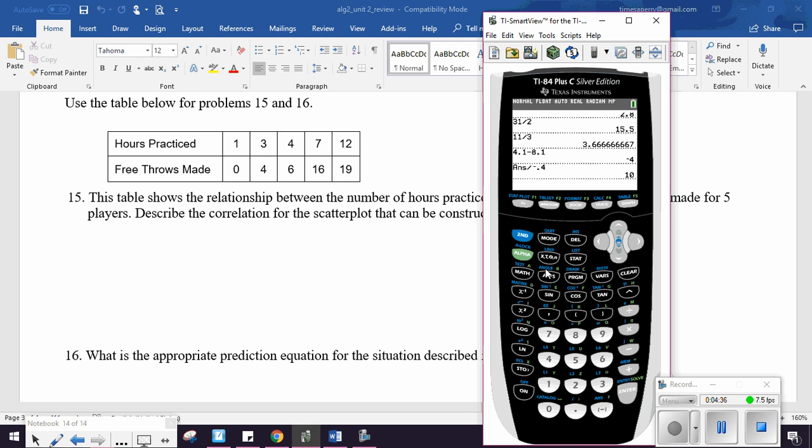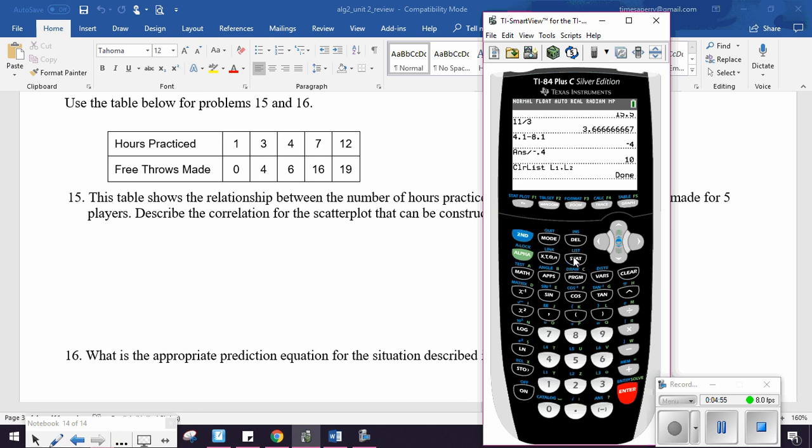Again, you need to clear out your list first by hitting Stat, Clear List, second one for list 1, comma, second 2 for list 2. Hit Enter, and then you're done.